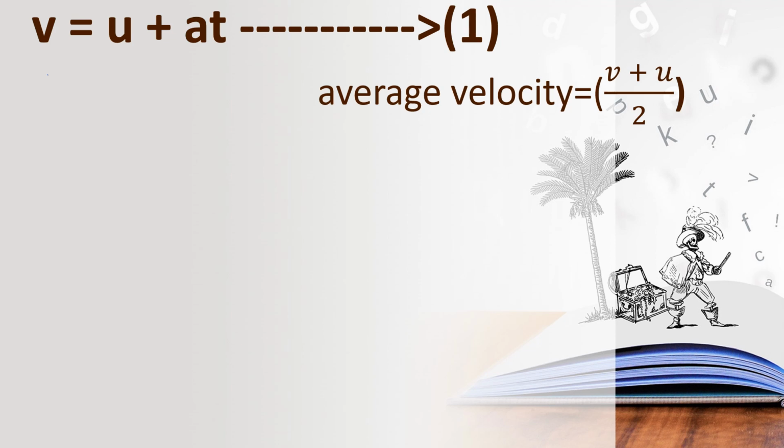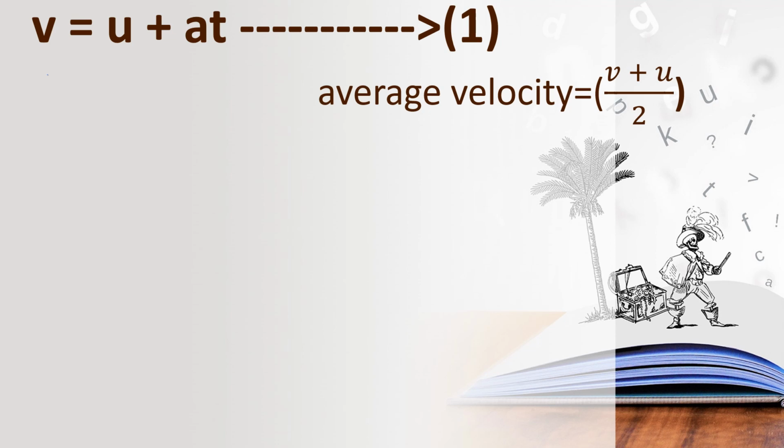Okay, children. So why have we used this? Because we know that the acceleration is uniform, so we are deriving the average velocity. What is average velocity? Average velocity equal to the average of final and initial velocities. Okay, children.